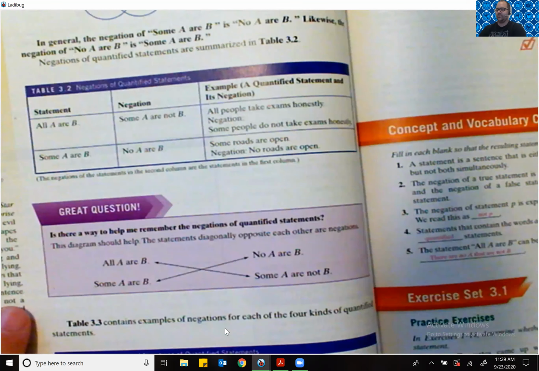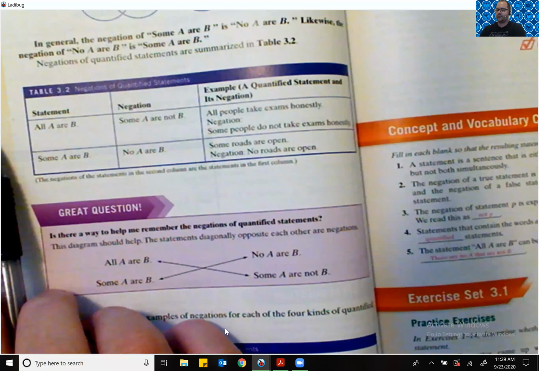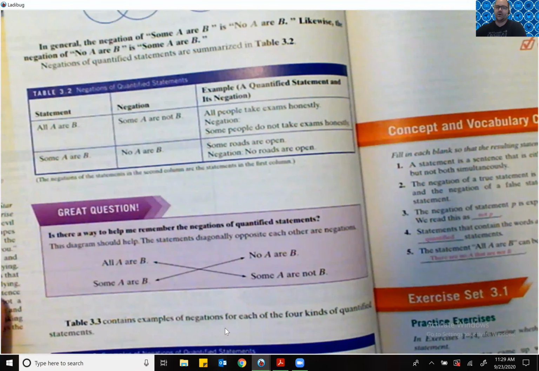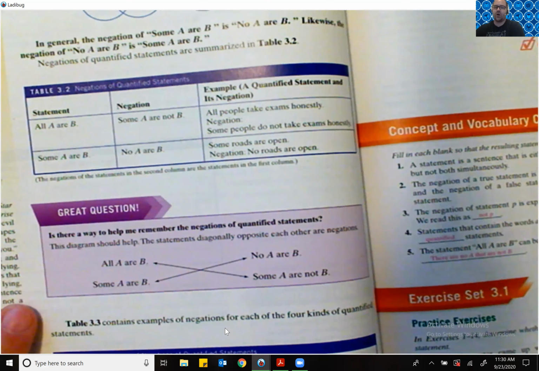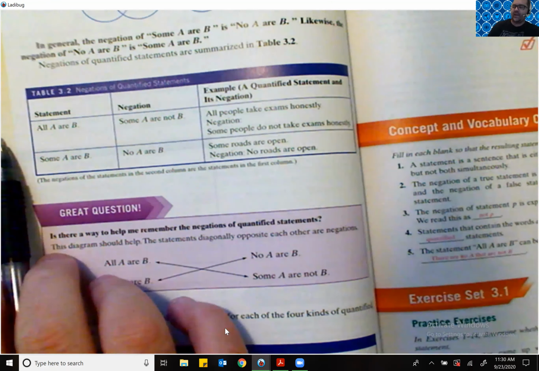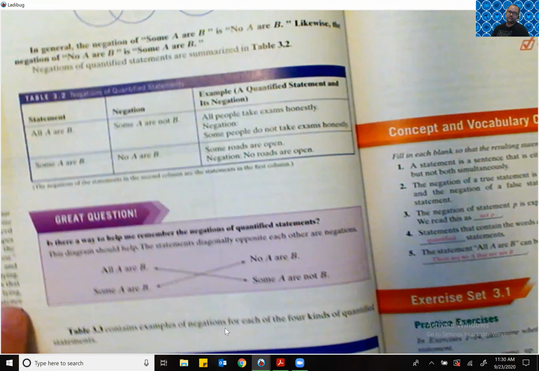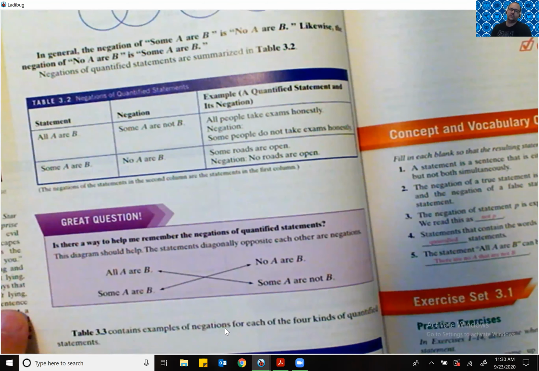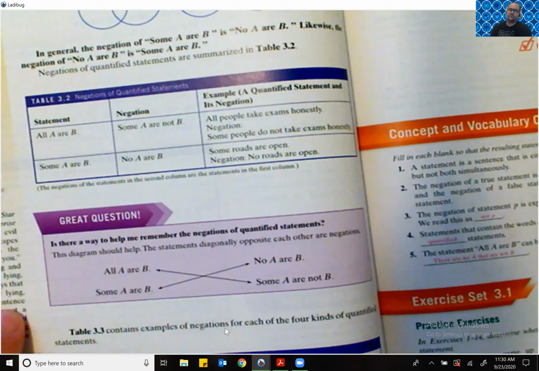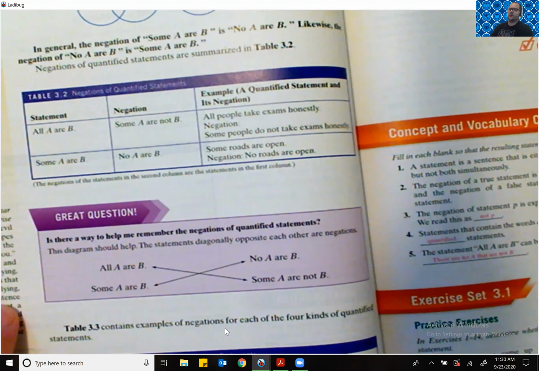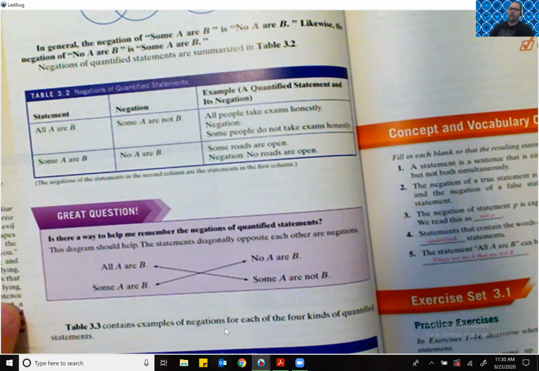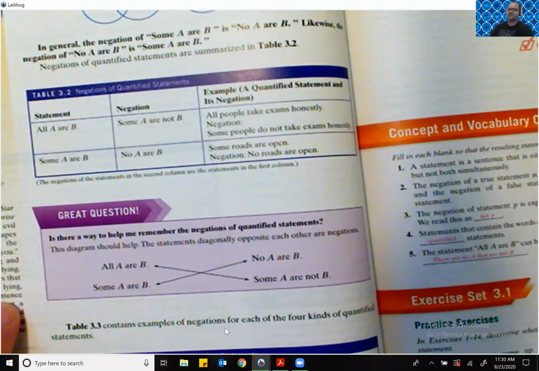Not all students are bored, or some students are not bored. Do we see any of those in here in line 1 or line 2? Not all students are bored, or look for some students are not bored. Line 1 or line 2, where do we have that sentence? Or you can find the sentence, some students are not bored.